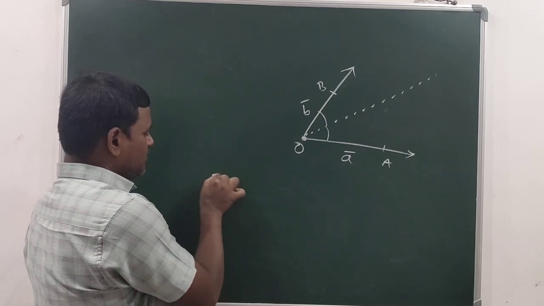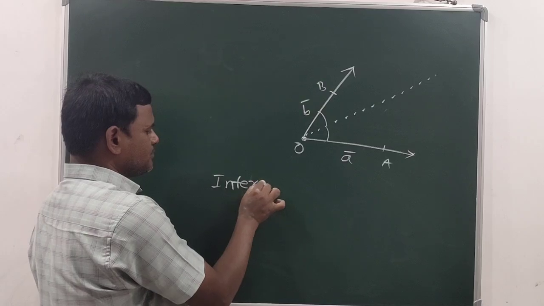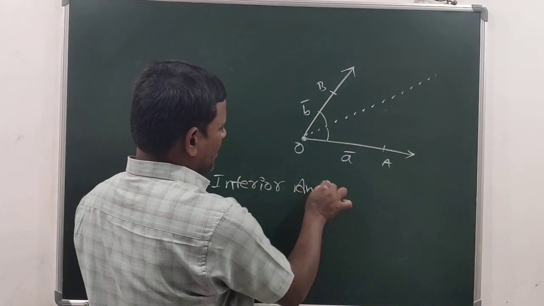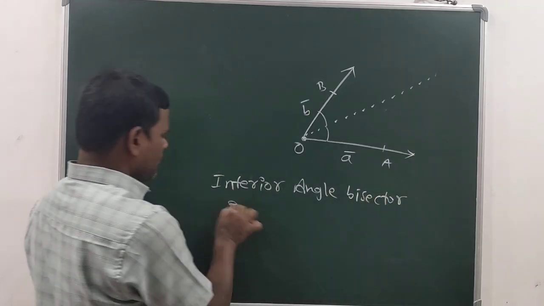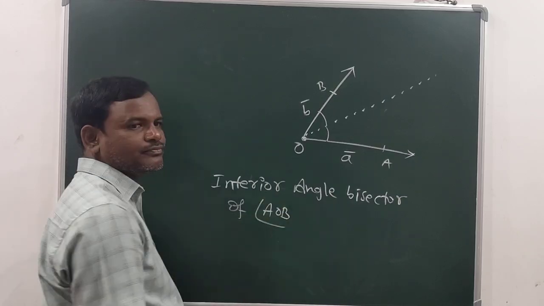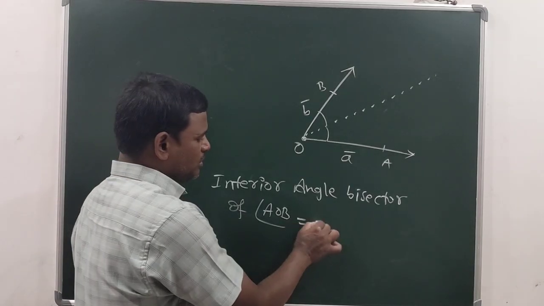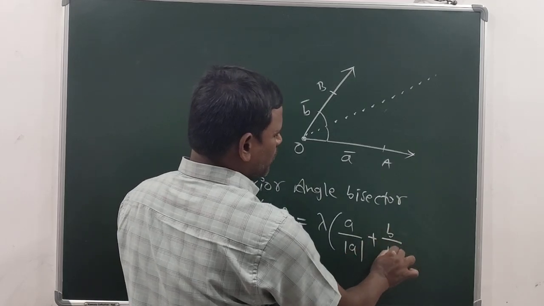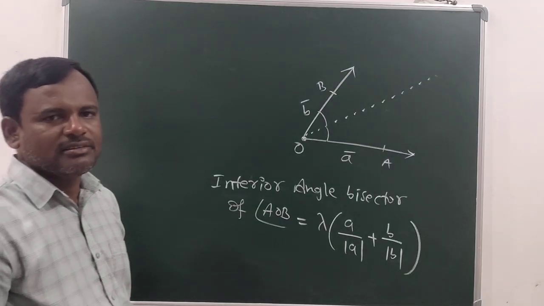The interior angle bisector of AOB is equal to lambda into A by mod A plus B by mod B, where lambda is any scalar, meaning a real number.